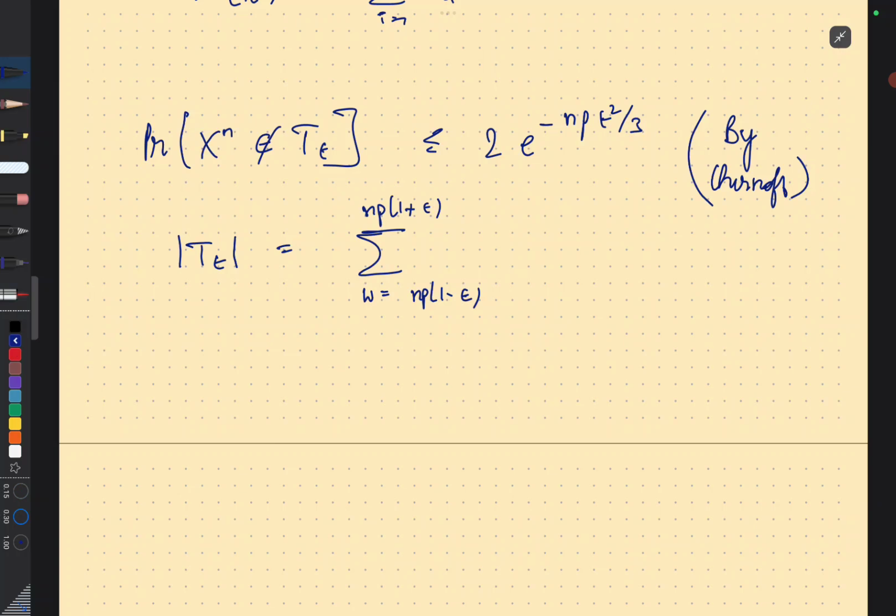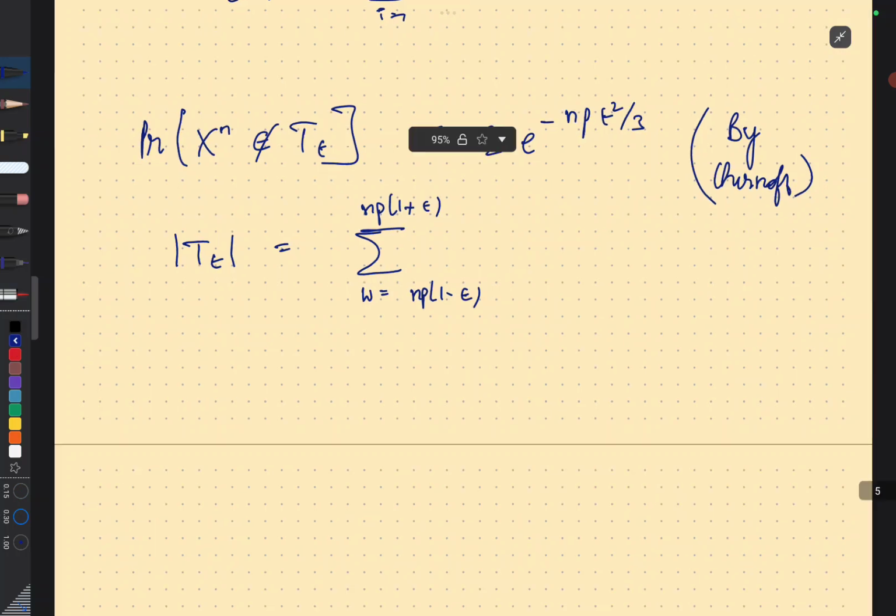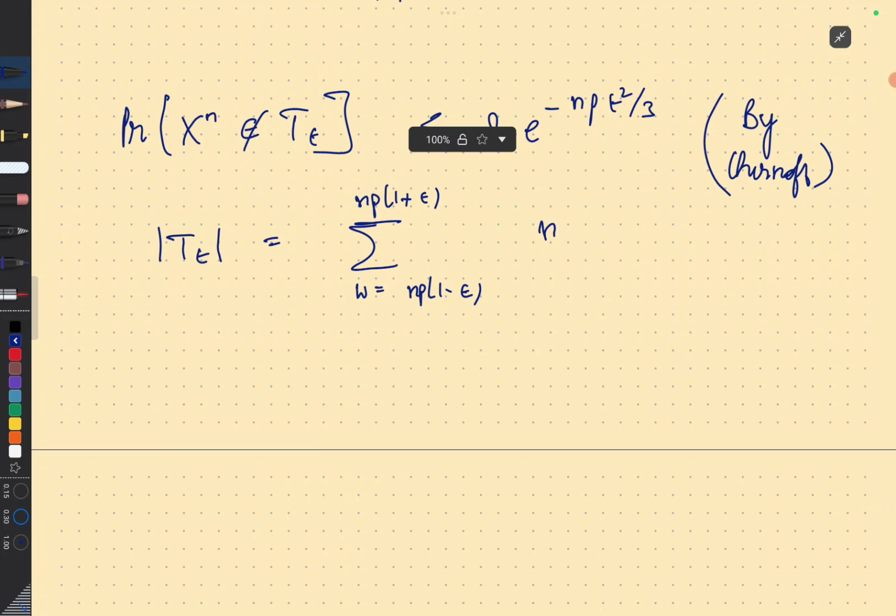How many sequences are there? How many binary sequences do you have which have exactly w ones in them? It's exactly n choose w, right? I agree it should be floor or ceil, but I'm going to ignore those things for now.